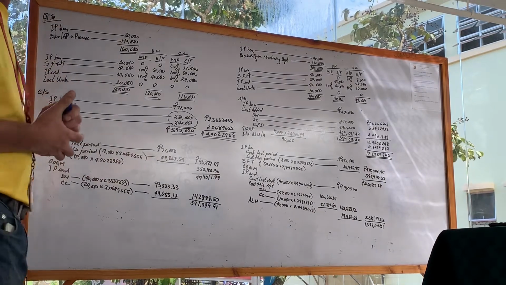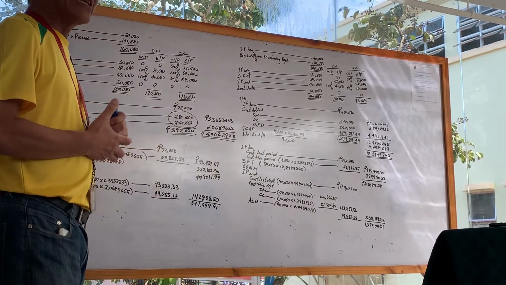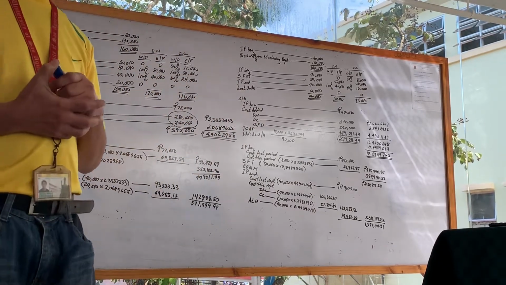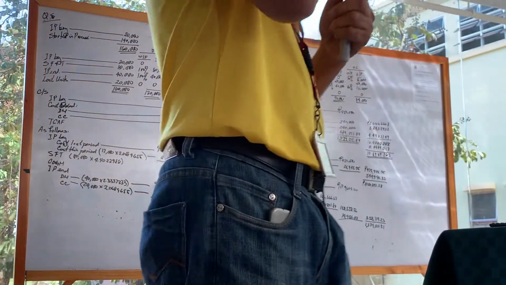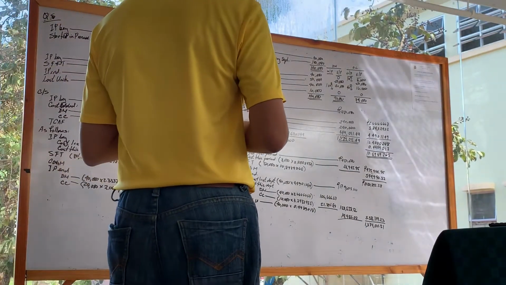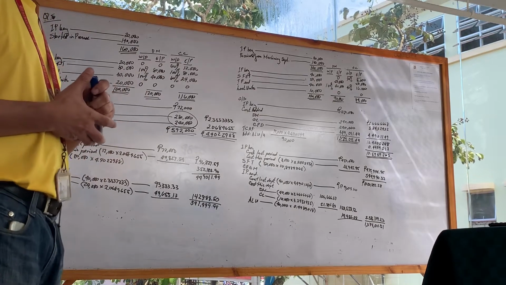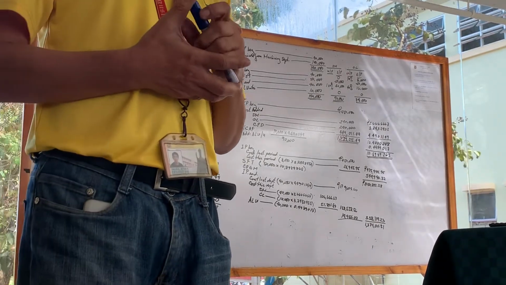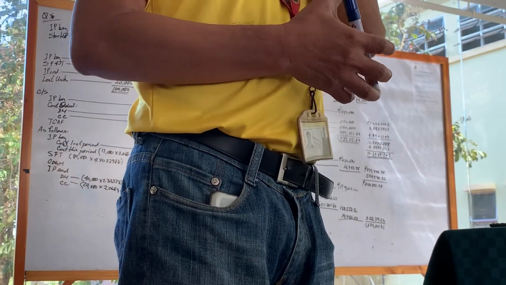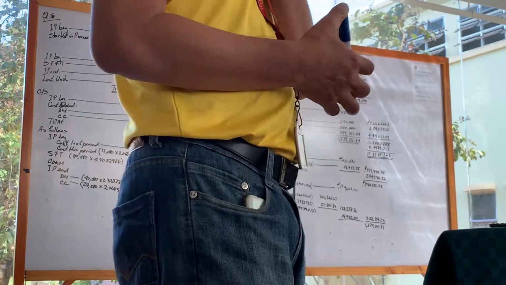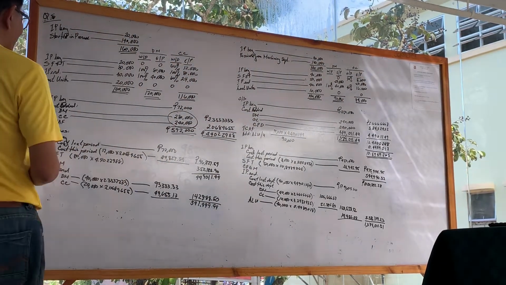Debit, work in process, finishing department, 449,011.49, and credit to work in process, machining department, 449,011.49.